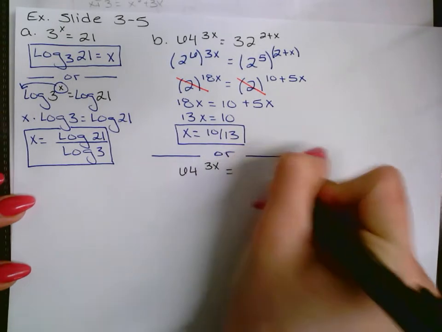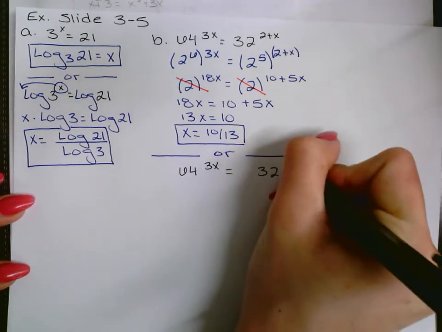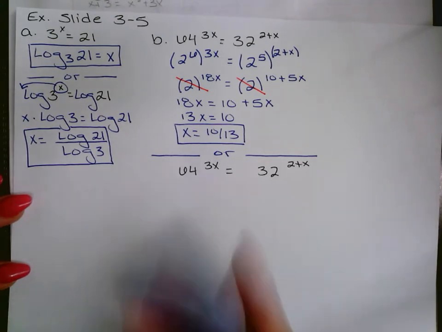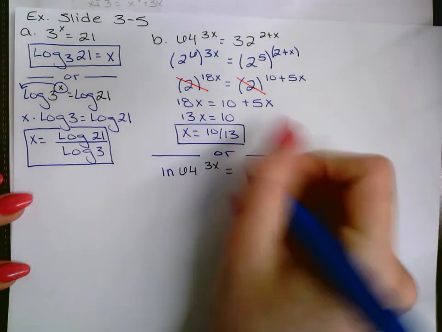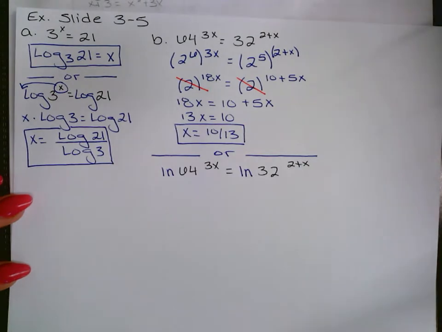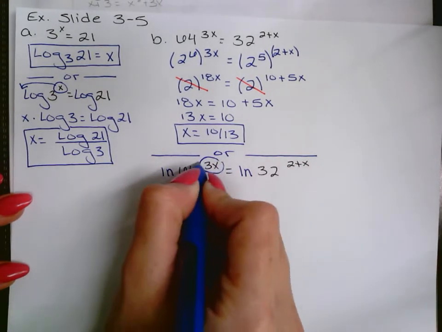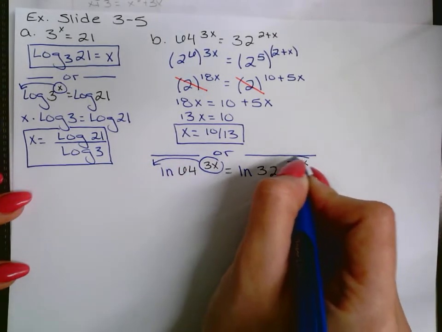I'm going to rewrite the question really quick. I am allowed to apply an ln to both sides. Okay? When I do that, it allows me to move the exponent to the front.